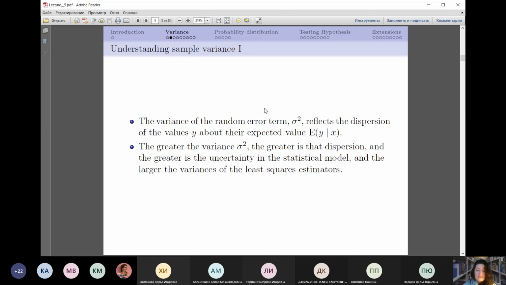This makes sense since more variation in the unobservables, in the error term, affects our dependent variable and makes it more difficult to obtain precise estimates of our coefficients. So if we have some choice, we prefer to obtain the variance of the error term as small as possible.